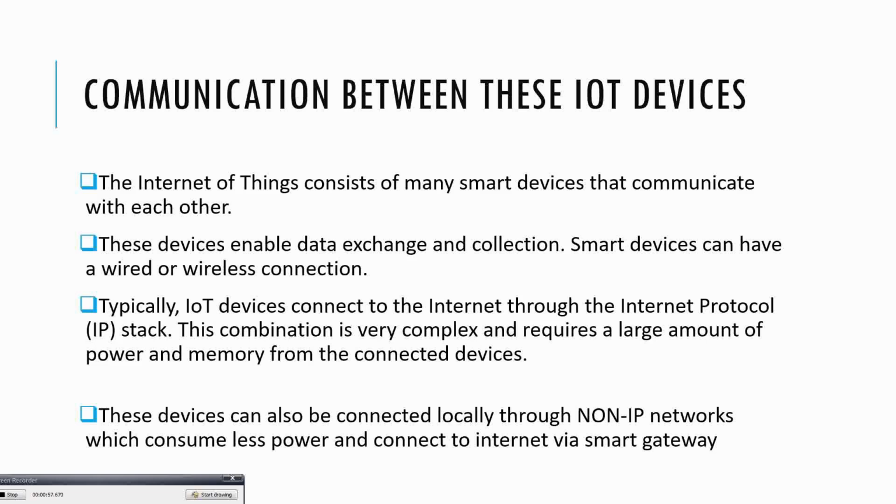This combination is very complex and requires a large amount of power and memory for the connected device. These devices can also be connected locally through a non-IP network, which consumes less power, and connect to the internet via a smart gateway.